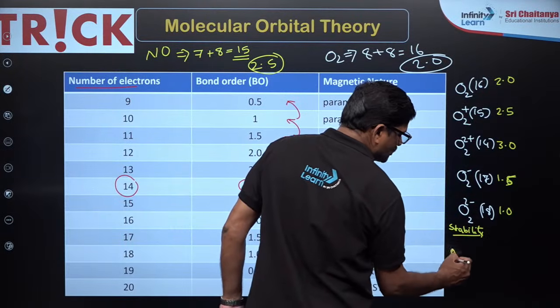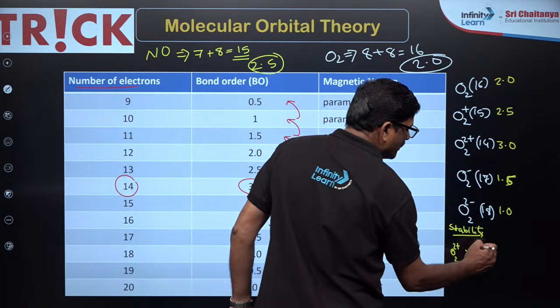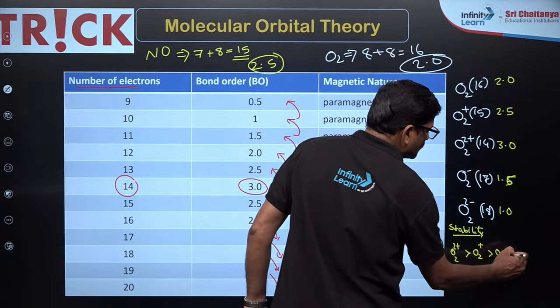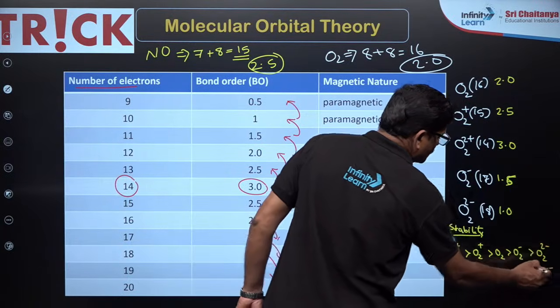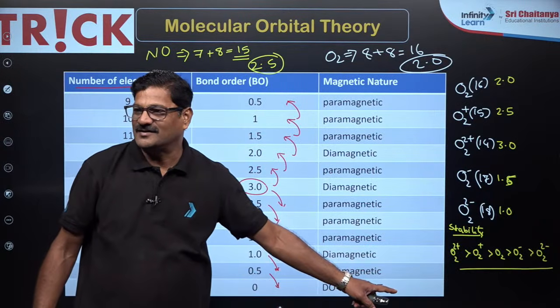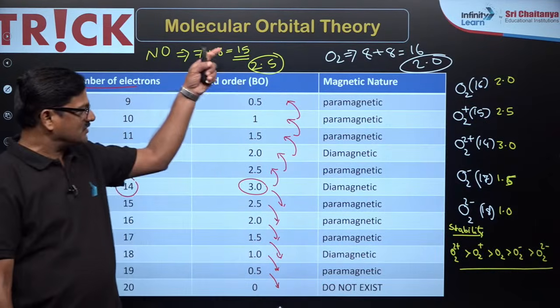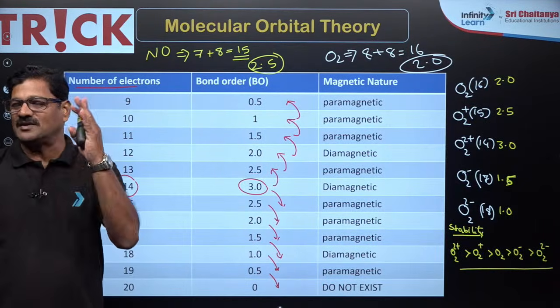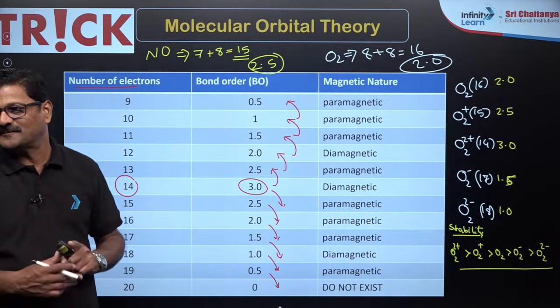That is O2 2 plus is greater than O2 plus, which is greater than O2, which is greater than O2 minus, which is greater than O2 2 minus. Geeta took the screenshot of this table. Everybody can directly use this table, and without even understanding molecular orbital theory, you can do this.